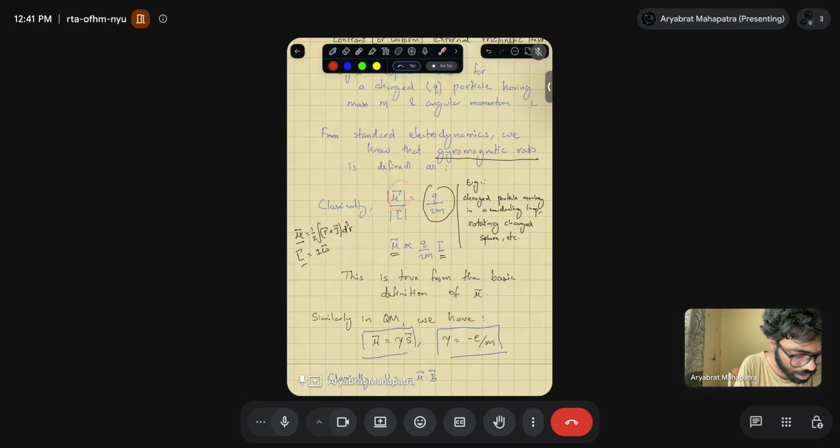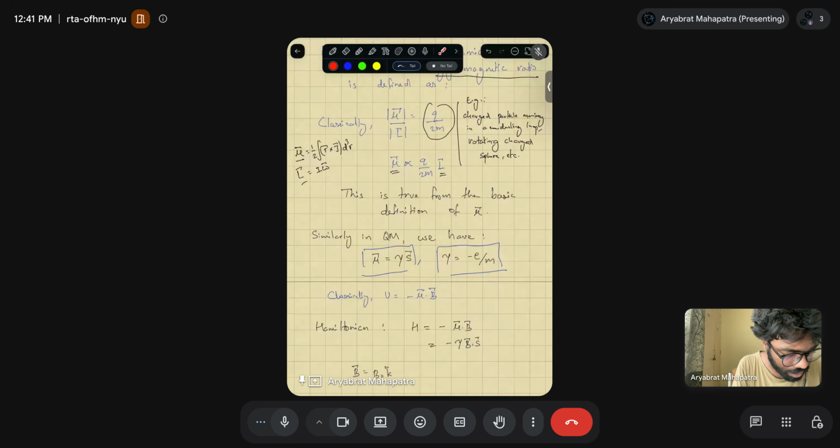The energy is given as U equals minus mu dot B. This can be referred to as the magnetic potential energy. So classically this is how the relation was. The same way we will use the relation for the quantum particle case as well.